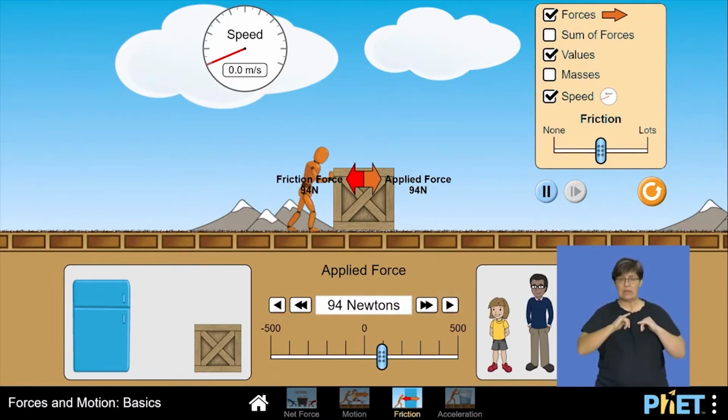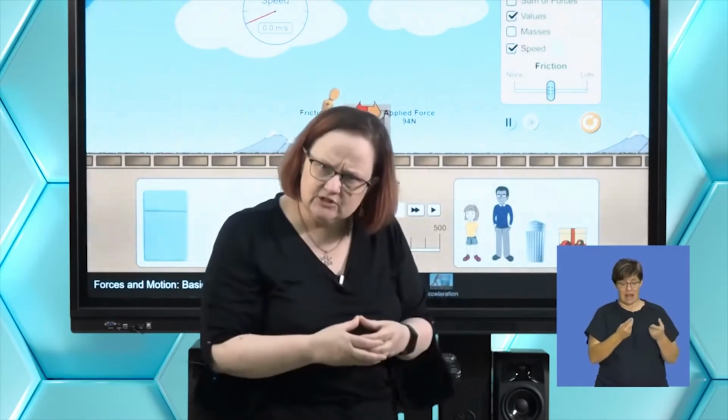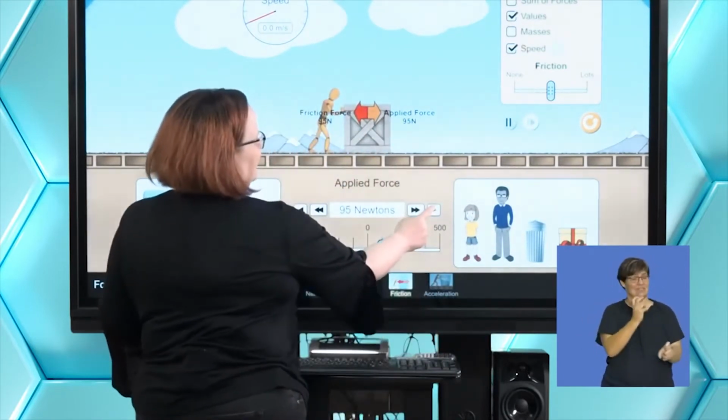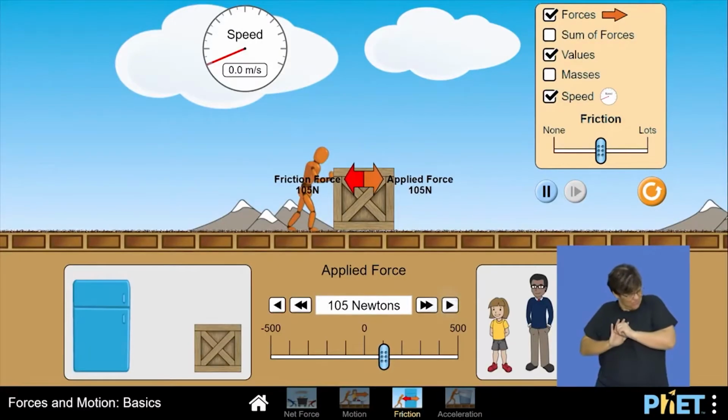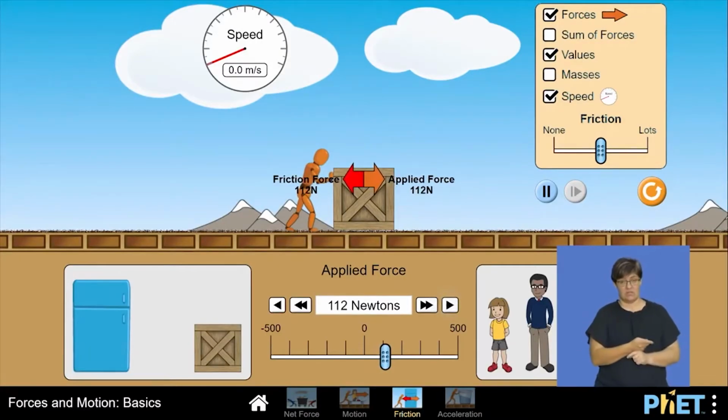Static friction, okay? Static friction is hard to overcome. When an object is stationary, it's very difficult to start it moving. So we actually have to apply a lot of force. And here, it's round about here that it almost changed. So we've got to 117, 118, 119, 120, 123, 124, 125.